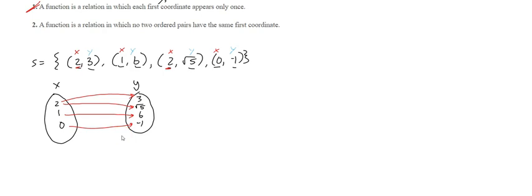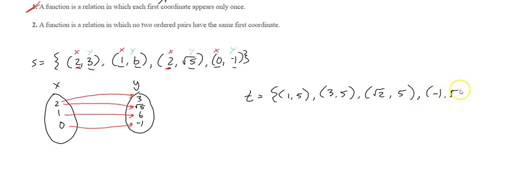So without doing the picture on another one, we can have another set of coordinate pairs, call it T, and we're going to say (1, 5), (3, 5), (root 2, 5), and (negative 1, 5).